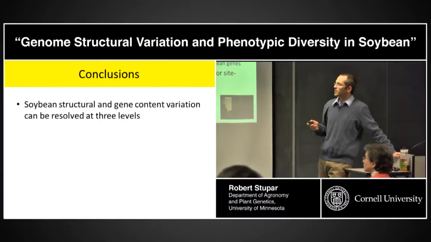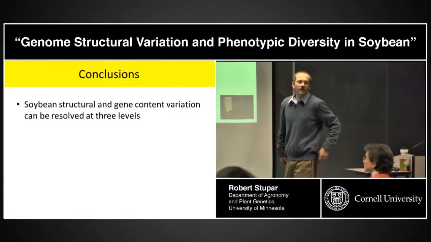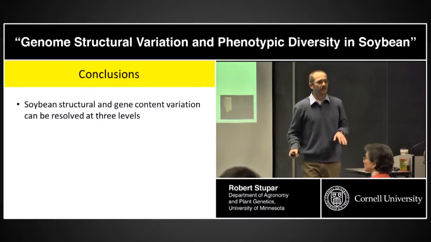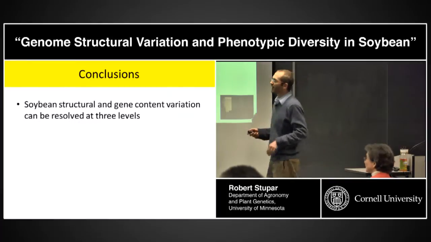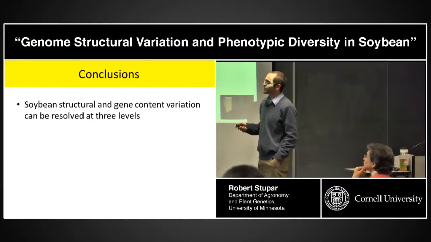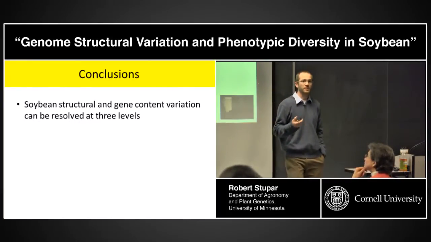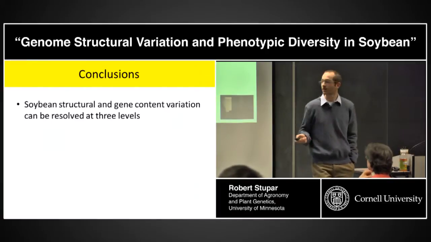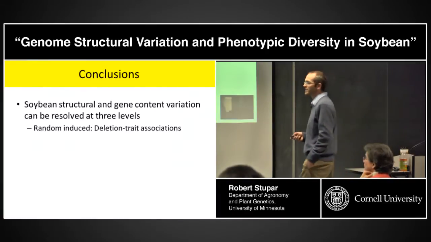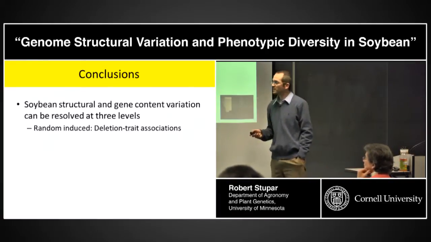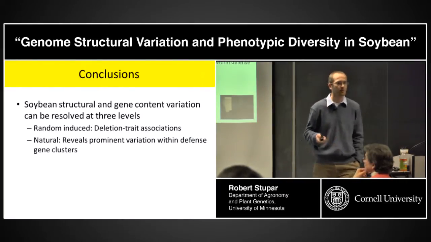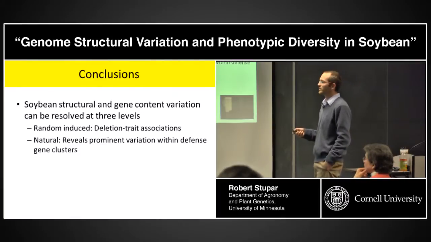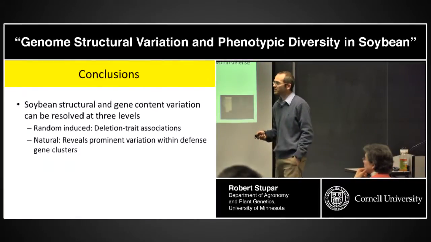Okay, so conclusions. I know I've kind of rushed through the last few minutes of this, but I want to wrap up so that you guys can go back to class and whatever you need to do. So structural variation, gene content variation can be resolved at 3 levels in soybean that we're working on anyway. We're working on the random-induced deletion trait associations, natural variation, which to date has revealed a few things, but most prominently variation within defense gene clusters.